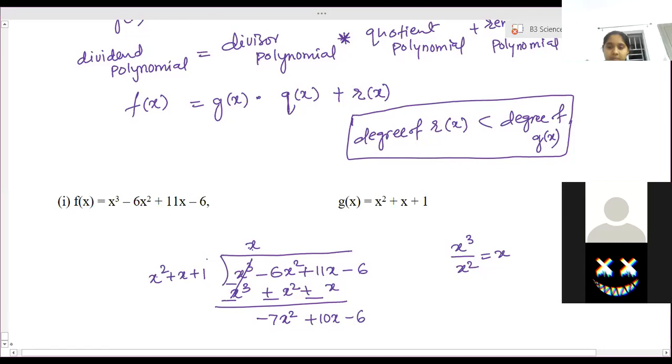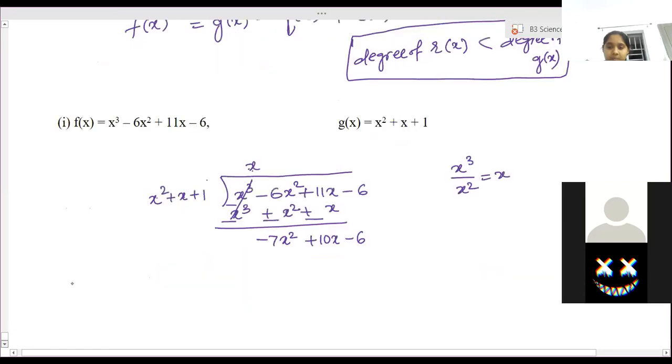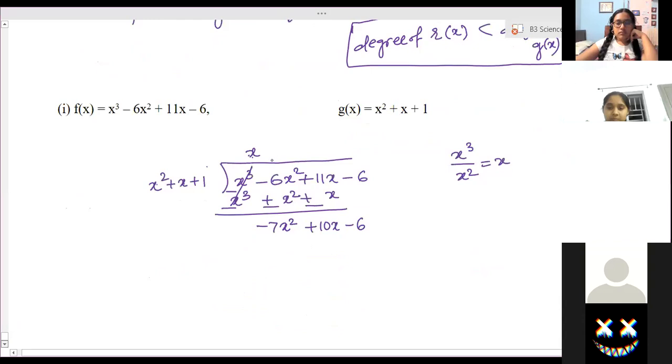Now what is the next quotient? Minus 7. So with minus 7, multiply all three terms of the divisor polynomial. So it will become minus 7x squared. Minus 7 into x will become minus 7x. Minus 7 into 1 will become minus 7.